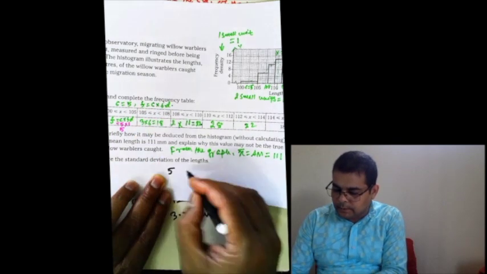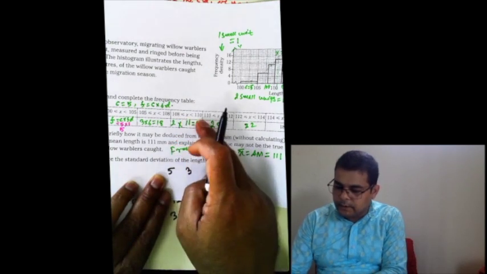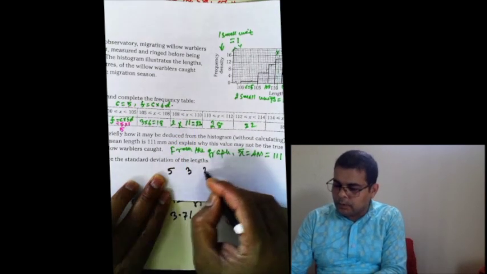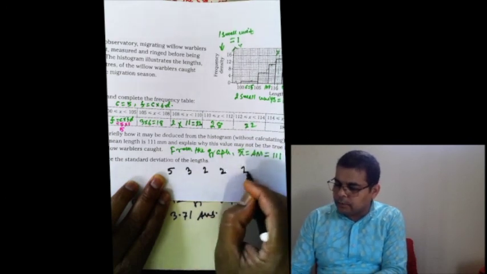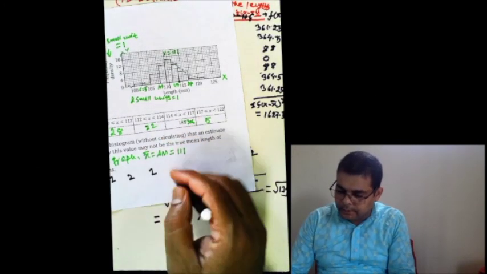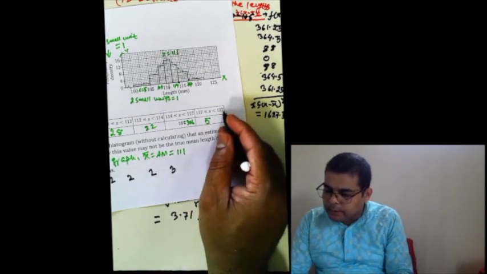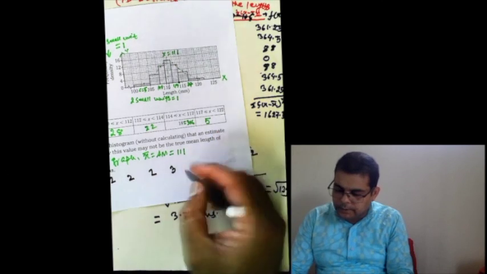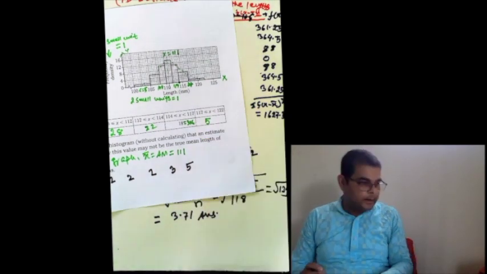In another class interval the difference is 3, and here another difference is 2, 10 to 12 is 2, 12 to 14 is again 2, 114 to 117 is 3, and 117 to 122 is 5.